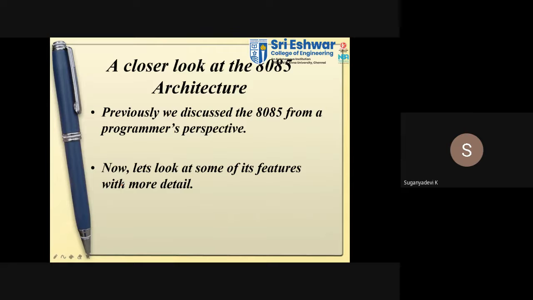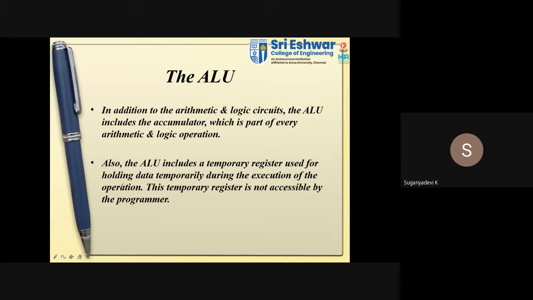And next comes the ALU. I have explained most of the basic concepts of 8085. Now we are going to look at the ALU. The ALU is the arithmetic and logical unit, which is used to do the processing. All the computations are done using your ALU.